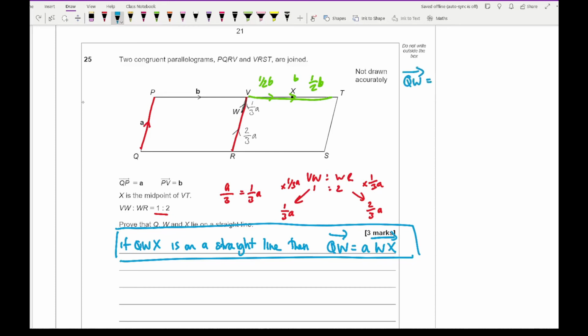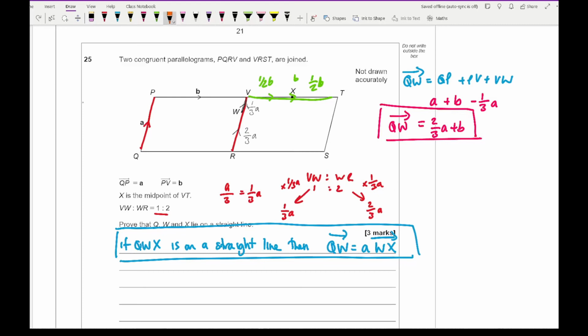Now Q to W is going to go from Q to P, then P to V, and then V to W. So that becomes A plus B, minus a third A. Simplifying all of that, I get 2/3 of A plus B. So that's what Q to W is. I'm just going to put a little box around that.